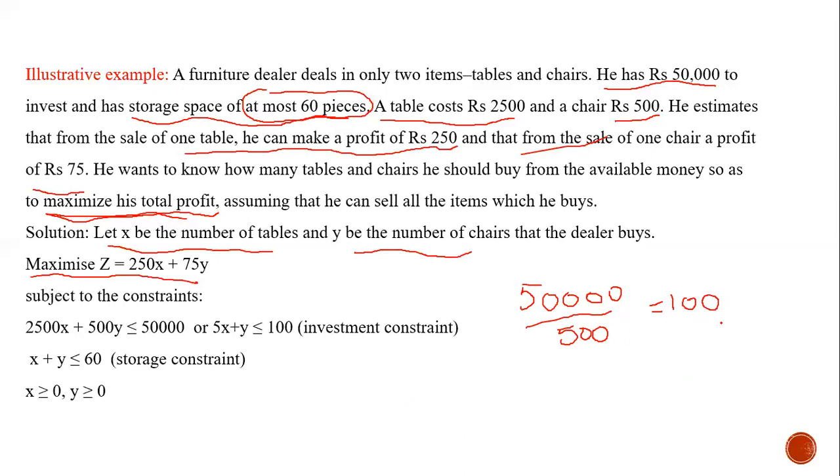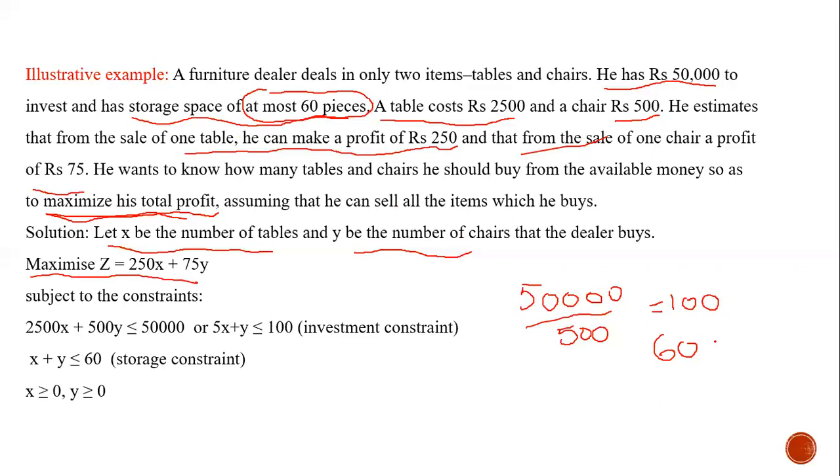Even though he can invest on 100 chairs, because of the storage constraint, he cannot. He has to forcibly invest only on 60 chairs. Even though he can buy 100 chairs, because of the constraint of the storage space, he can only invest his money on 60 chairs or 60 pieces.